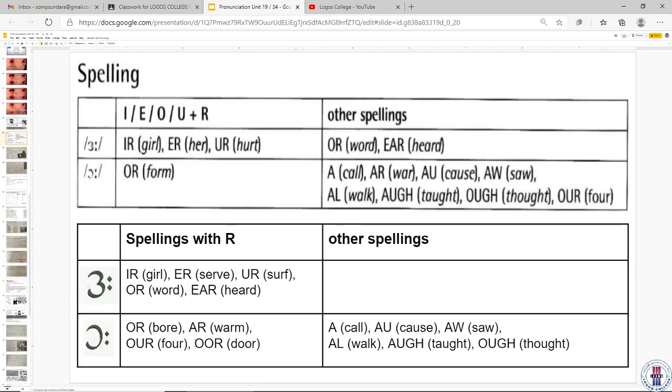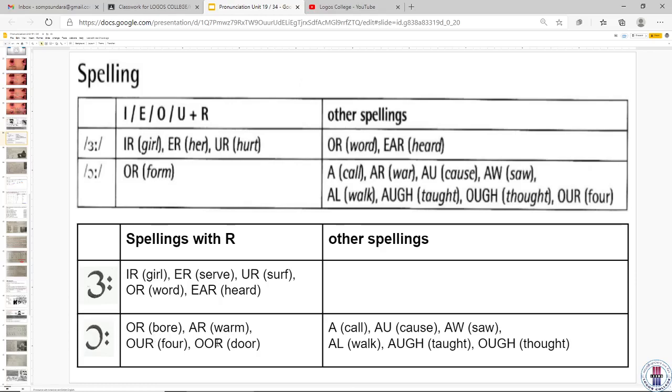The OR sound is a little bit different. This is the R-colored aw sound. There is no R behind it here, so this is the pure aw. This is the R-colored aw sound, which sounds like this. Or, as in bore. Right? This is warm. AR can also spell the or sound, as in warm.